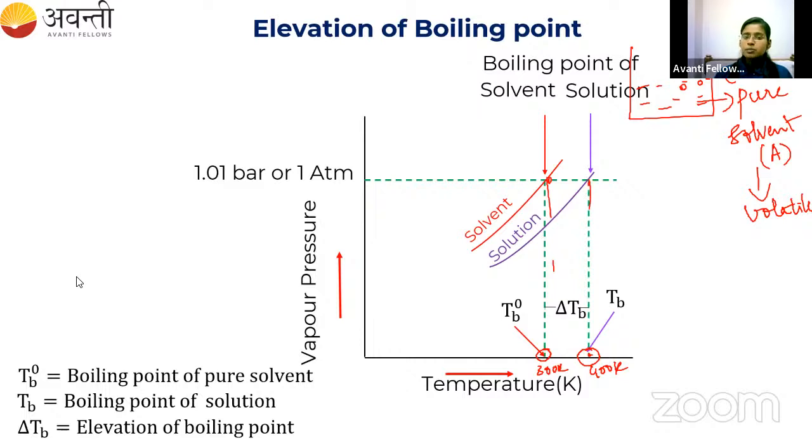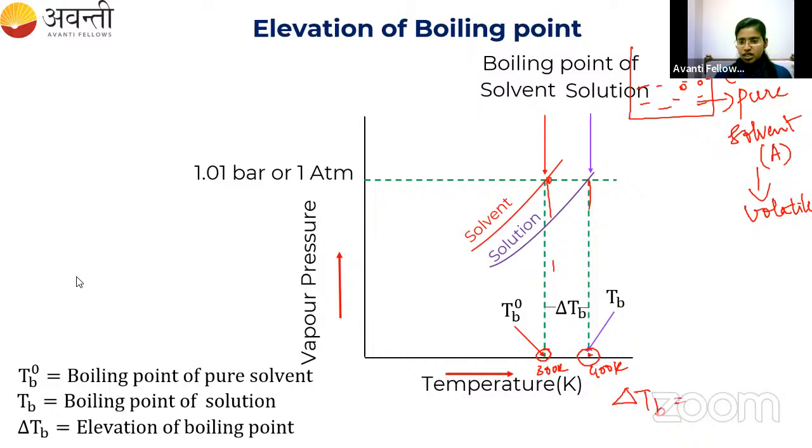So the boiling point of the solution is more compared to the boiling point of the solvent. And the difference between these two will give the delta TB value, which is called the elevation. Elevation means rising. So delta TB is the difference between the boiling point of the solvent and the boiling point of the solution. Usually delta TB can be written as final minus initial.